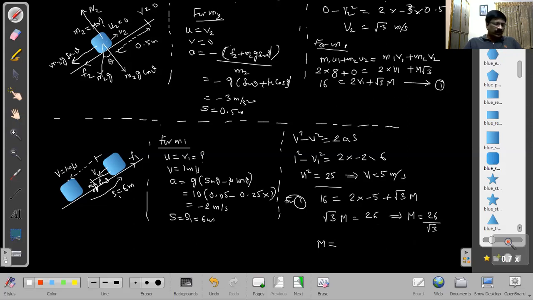If you simplify them, approximately you will get 15 kg, nearly. So this is the answer. In this way you have to do.